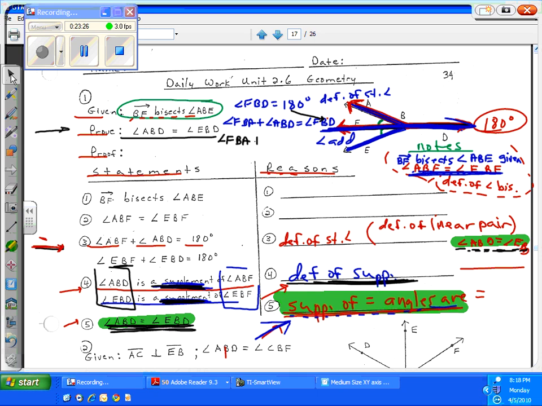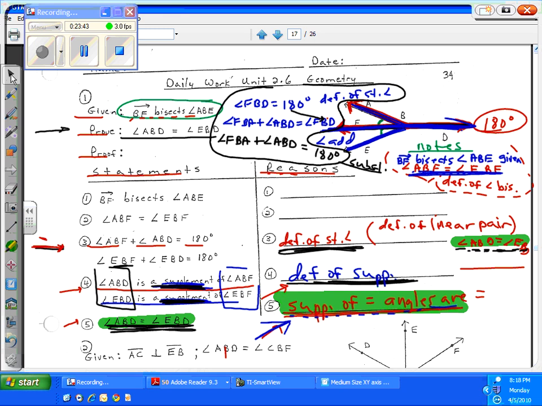And then we could put the 180 in place of angle FBD and get that angle FBA plus angle ABD is equal to 180 by substitution. So we called this definition of a straight angle, taking some liberties not to show all of that work right there. You may have an instructor that says, hey, I want you to show all of that. We're not going to take those liberties, you see. Okay?